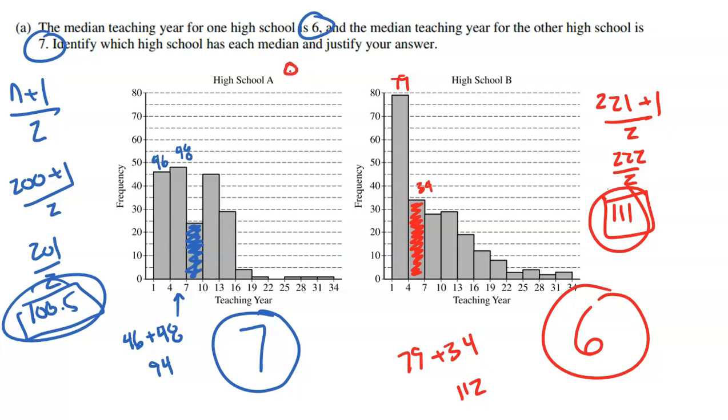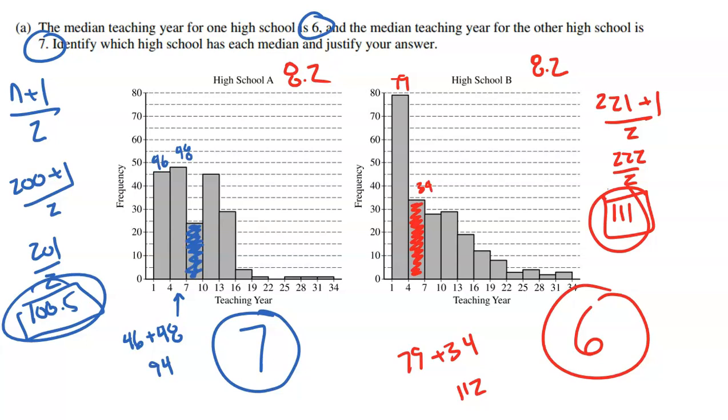Now remember, they both have a mean of 8.2. The mean was actually something that they have in common. So since B is more strongly skewed to the right, the distance between the median and the mean is going to be bigger. So again, that means it has to be the 6, because the distance between 6 and 8.2 is more than the distance between 7 and 8.2. So they're both skewed, but B is more strongly skewed to the right.